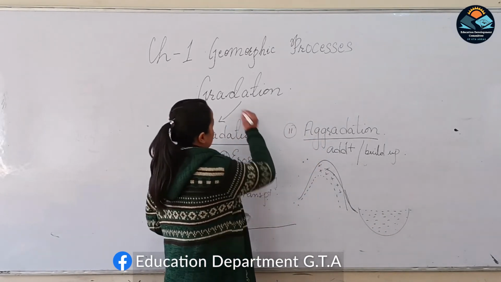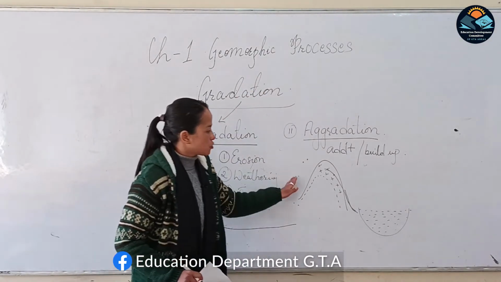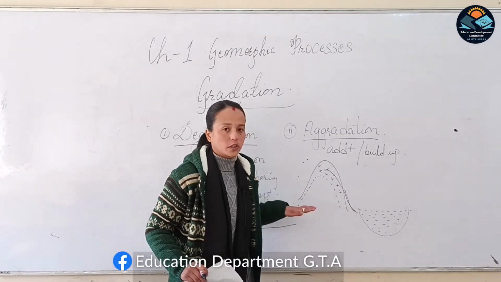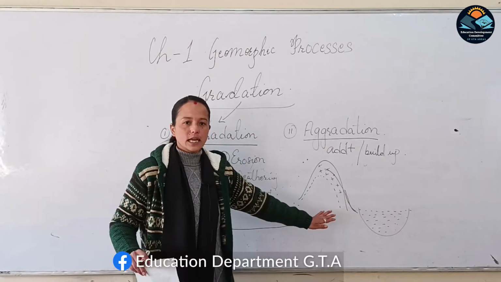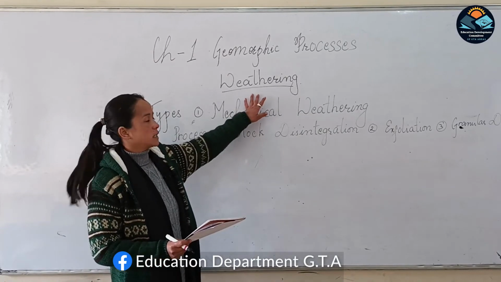So this process of gradation is trying to make the surface of the earth a flat and leveled land.